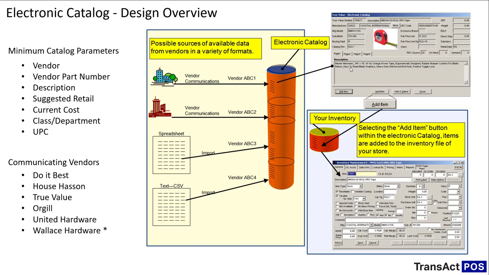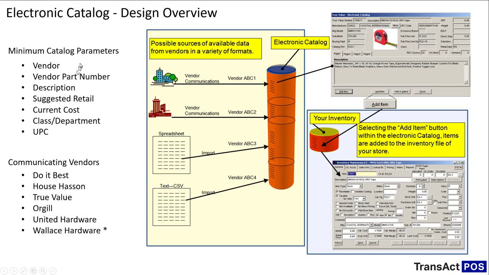So the background of electronic catalog is this: into a central database, this electronic catalog symbol here, is imported, whether it's a communication to a vendor and automatic comes down, or it's imported through spreadsheet utilities or CSV file utilities.